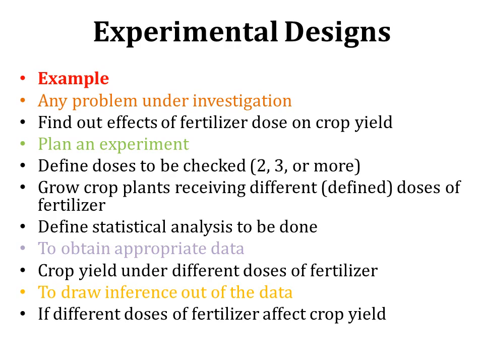So the data you're going to obtain out of this experiment is your crop yield under different doses of fertilizer. Then you apply the statistical analysis on this data and you get your inference, whether there is an effect of different fertilizer doses on the crop yield or not. So this is how you plan experiments and you get your results or your answers.